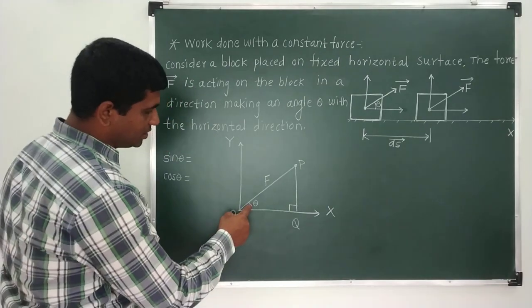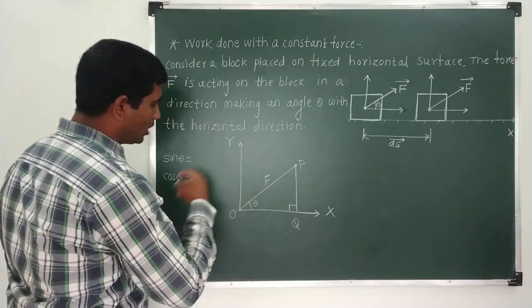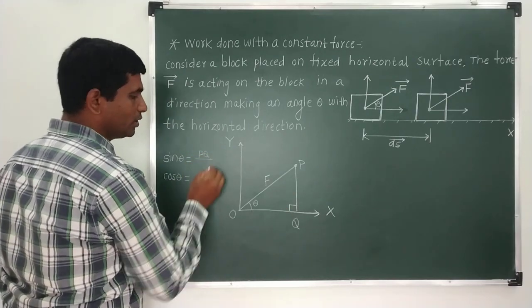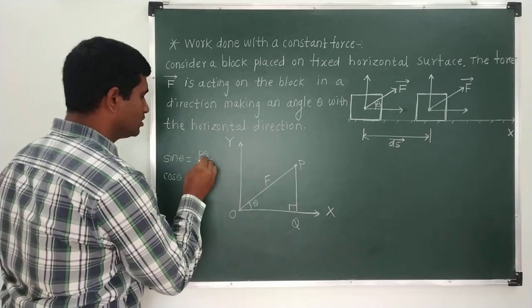Sine trigonometric function is nothing but opposite side upon hypotenuse. What is the opposite side? It is PQ upon hypotenuse, which is the side opposite to 90 degrees, which is OP.